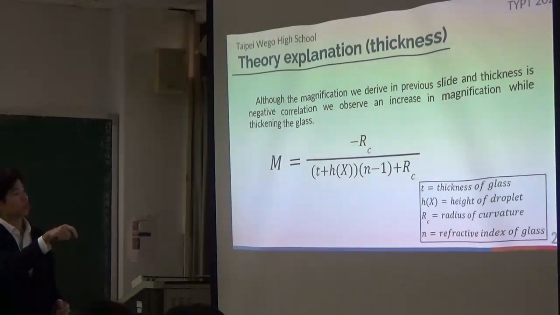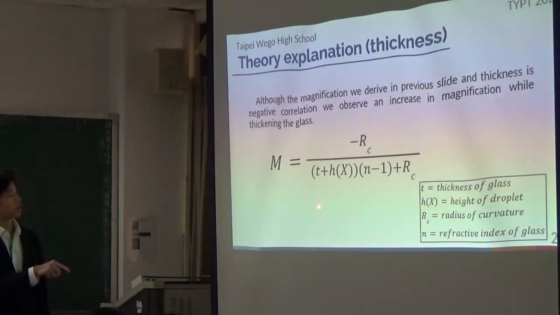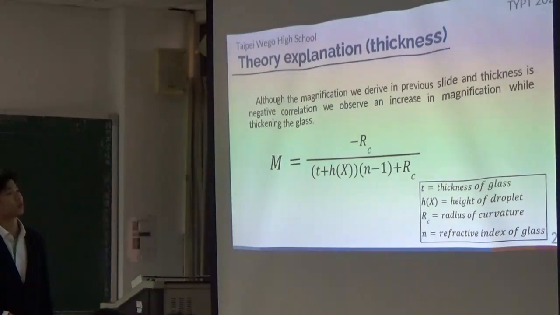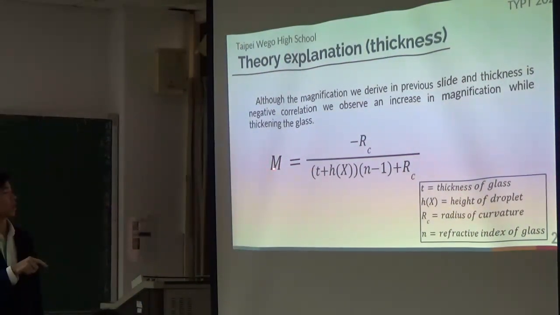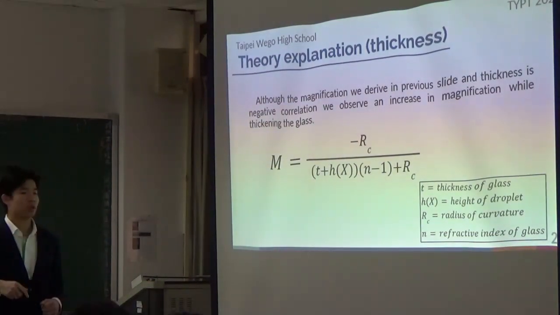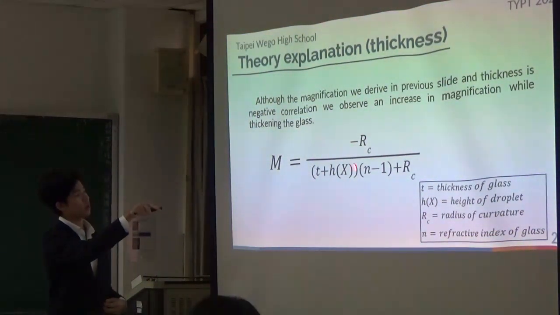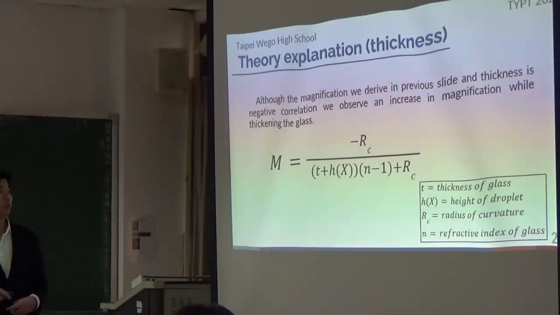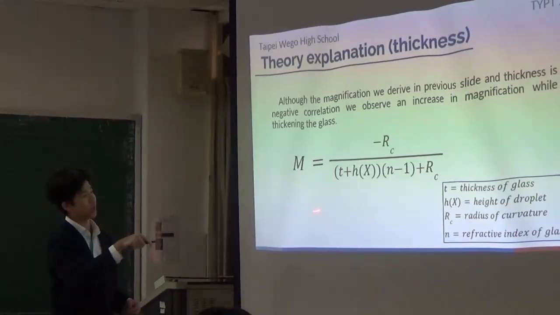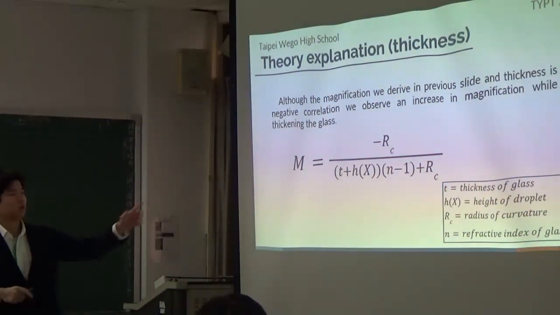As the equation we showed previously, if we increase the thickness of the glass, the magnification will decrease. But this assumption does not consider the glass diffraction angle and distance.